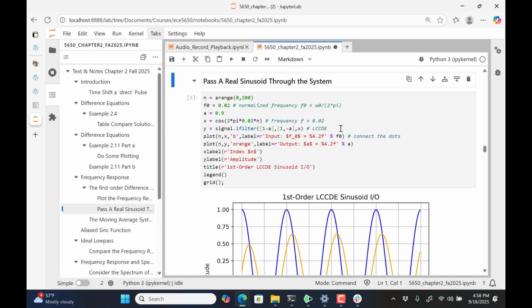Then I run it through the filtering function with the coefficients for a filter that has impulse response a to the n u of n, and we'll keep coming back to that. To make it unity gain, the numerator coefficient is 1 minus a, and then the denominator is 1 comma minus a.